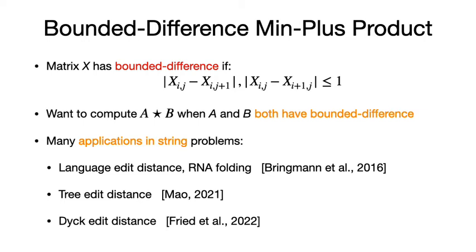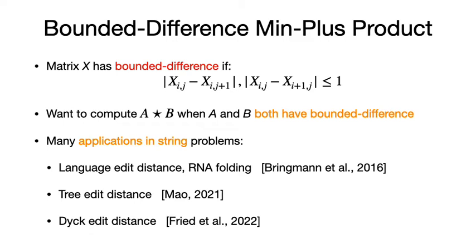An integer matrix is bounded difference if adjacent entries differ by at most 1. In this problem, we want to compute min plus product when both input matrices have bounded difference. Despite the direct connection between min plus product and all-pair shortest path, its actual applications are in the string literature.